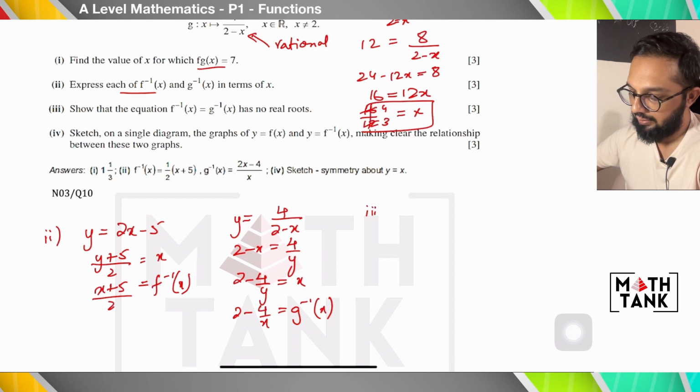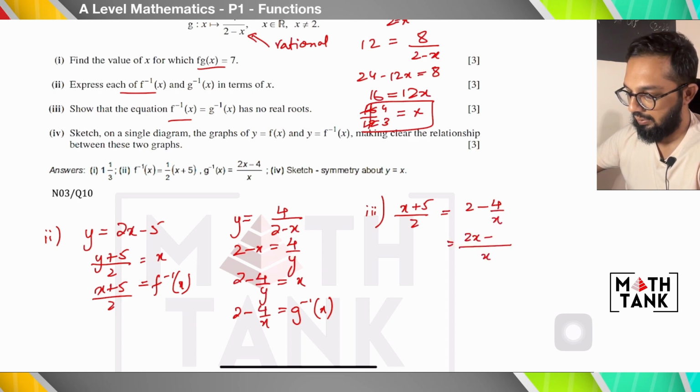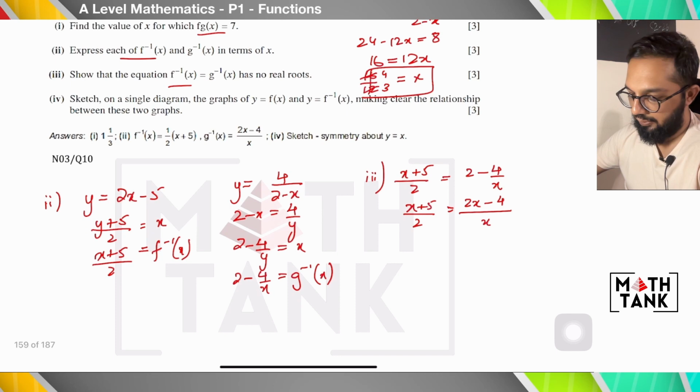Part 3. Show that the equation f inverse equals g inverse has no real roots. So x plus 5 over 2 equals 2 minus 4 over x.